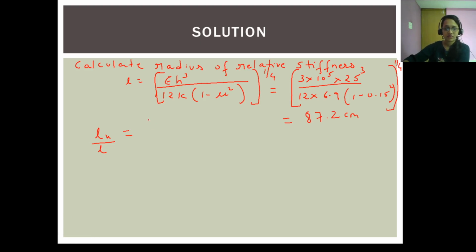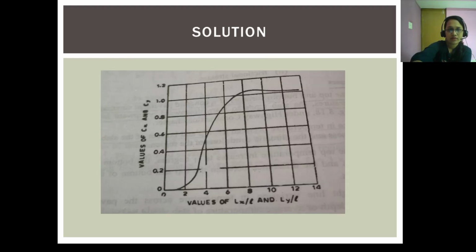So accordingly we have to calculate Lx upon L. 1100, this is in centimeters, so convert it, upon 87.2. So this will be around 12.61. Okay, so from the figure we need to calculate what is Cx. From this figure, if Lx upon L is 12.61, your Cx will be around 1.03, from this figure.